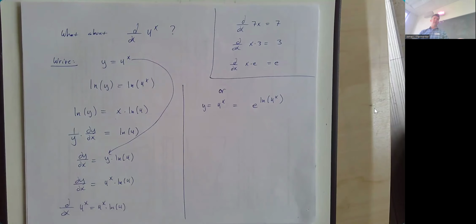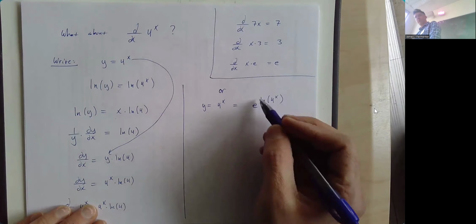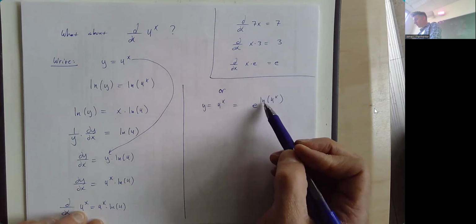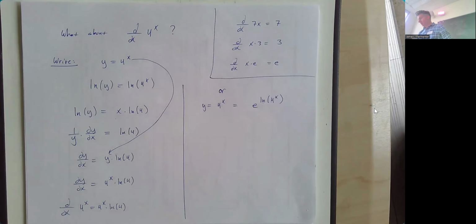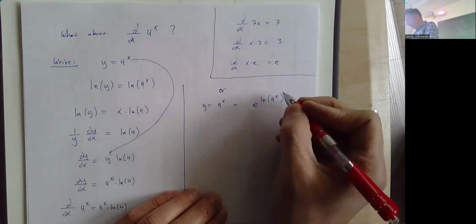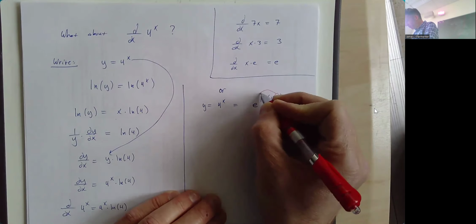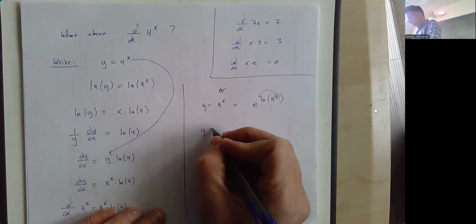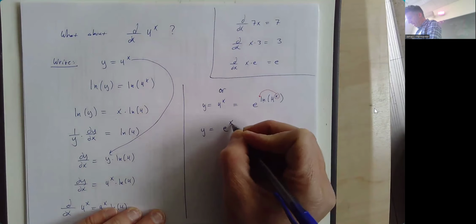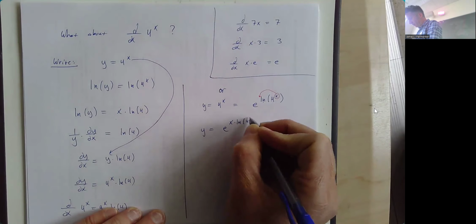You haven't changed anything. So then I can use my logarithm rules and say, oh, I have the natural log of 4 to a power. And that x power can come down in front of the logarithm. So now I can write that y is equal to e to the x times natural log of 4.